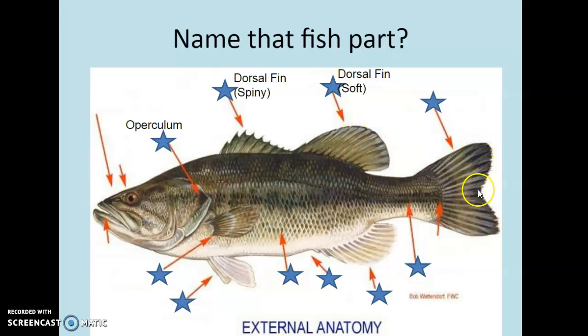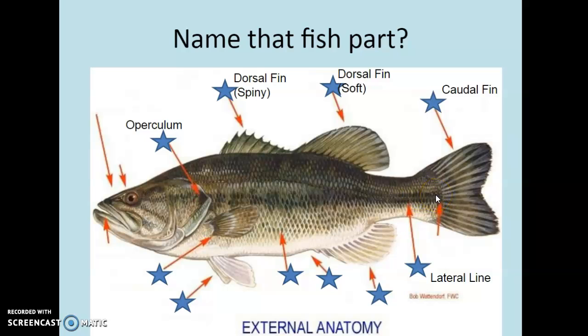Then back here we have a fin that a lot of people would just call the tail fin. It has a special name called the caudal fin. This is pointing to a row of scales that go along the side, and another word for side is lateral.